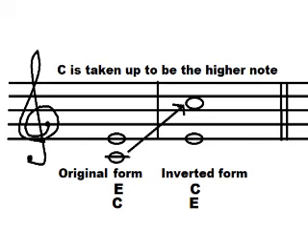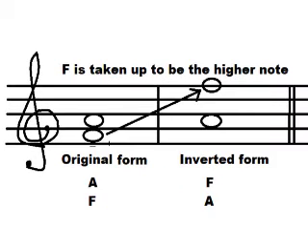The original form is C and E. The inverted form is made up of the same notes, C and E, but this time it becomes E and C. The C goes up to the higher C, while we retain E as the lowest note. So we have E, C, as against C, E. That is inversion of interval.